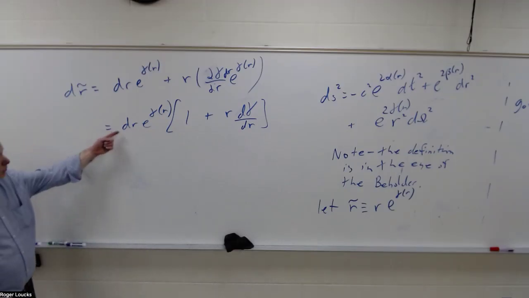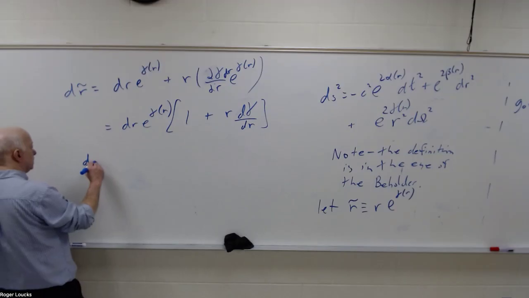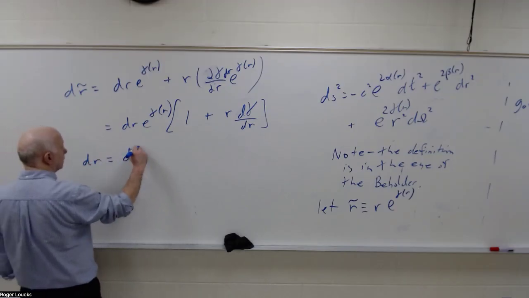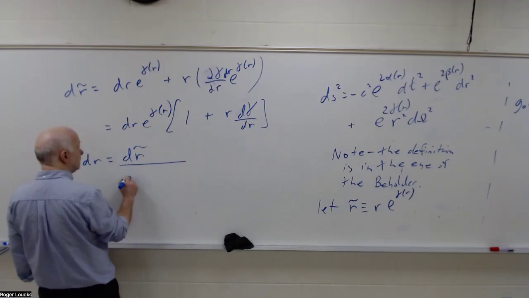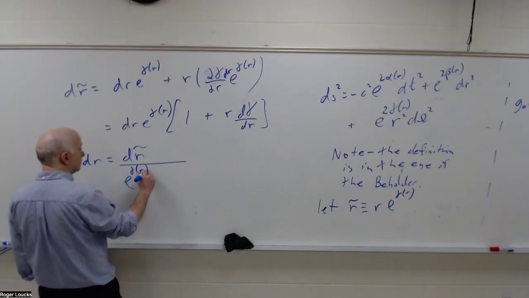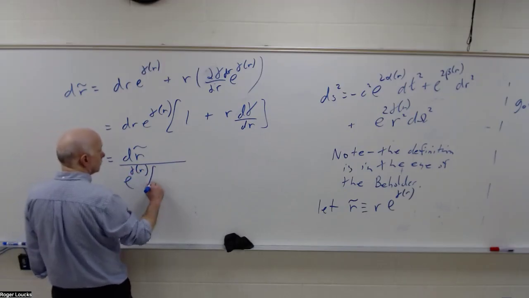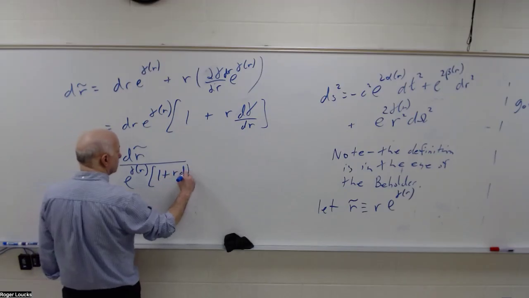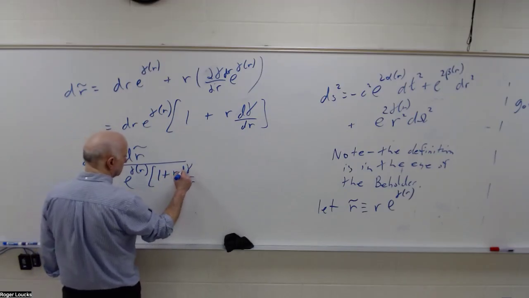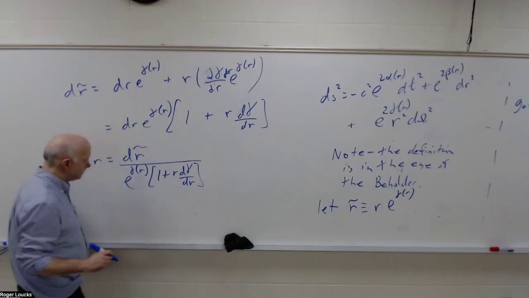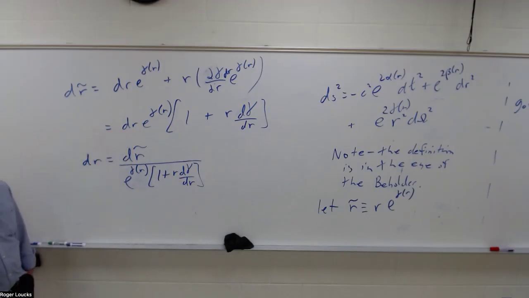I can divide everything through and get dr. So my dr is dr twiddle over e to the gamma of r, times 1 plus r dγ/dr.